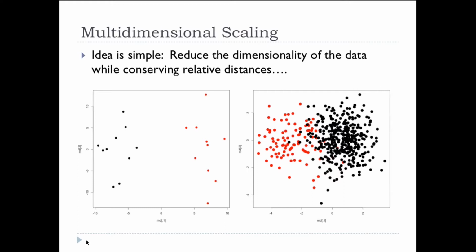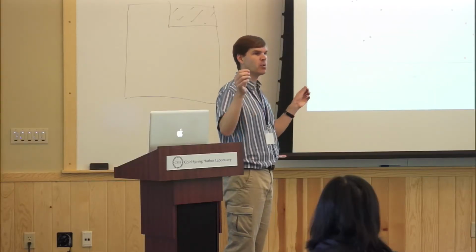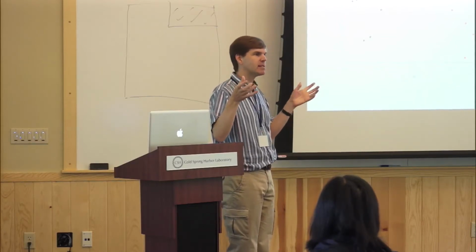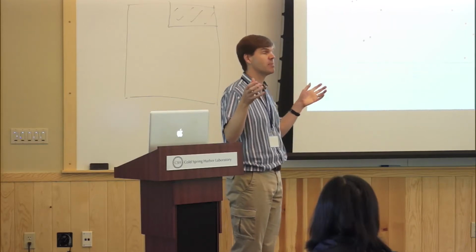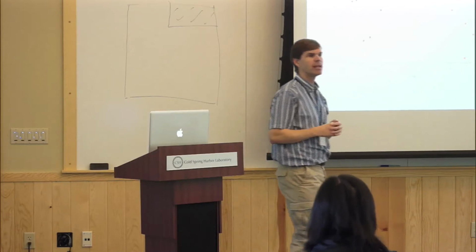Okay, so each of you, I'm sure, is picturing this right now. What if we had a way of taking the distance in 500-dimensional space and keeping it the same, or at least the relative distance, but reducing it to 2 dimensions? Well, that's what multidimensional scaling does.